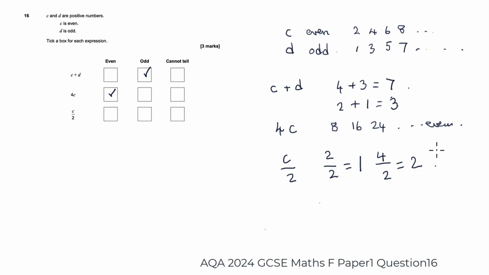And the next one, that's odd. I bet the next one's even. There it is, it's even. It goes odd, even, odd, even. So if you take an even number and divide it by 2, you're not going to be able to tell whether the answer is even or odd until you know what the number C is. So you really cannot tell until someone tells you what number you're dividing by 2.